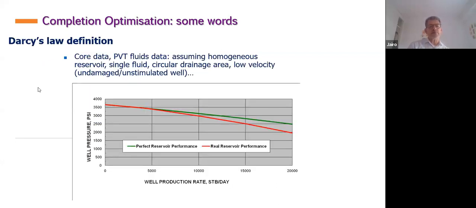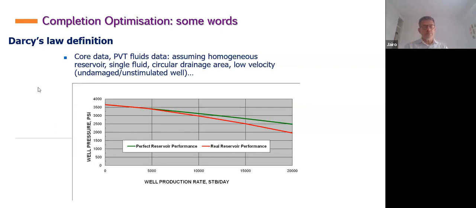So, Darcy's law definition. In the oil industry we just use Mr. Darcy's equation and adapt it to the reservoir, but an ideal reservoir: wellbore radius and single flow, homogeneous, no damage, no stimulation.